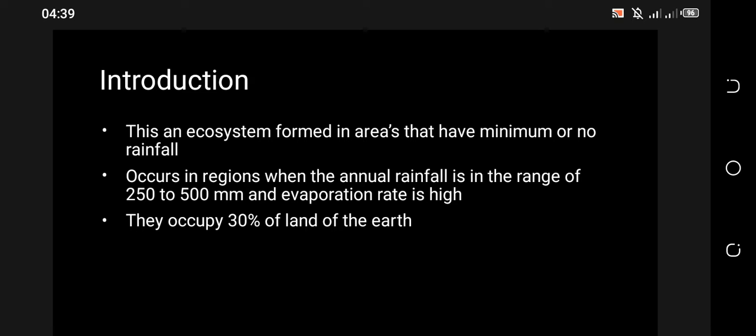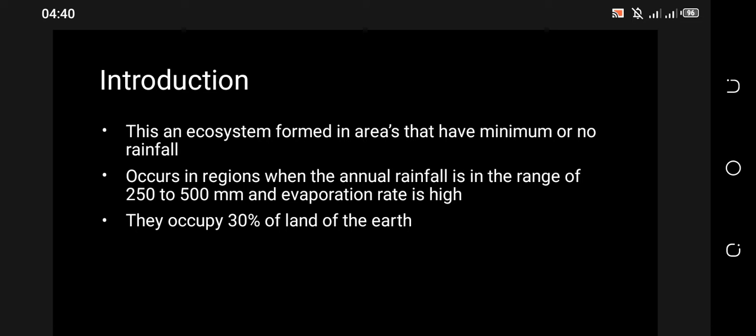Desert ecosystem is an ecosystem which is formed in areas that have minimum or no rainfall. In desert ecosystems, there are regions where rainfall presence is almost zero, and some areas don't receive rainfall.